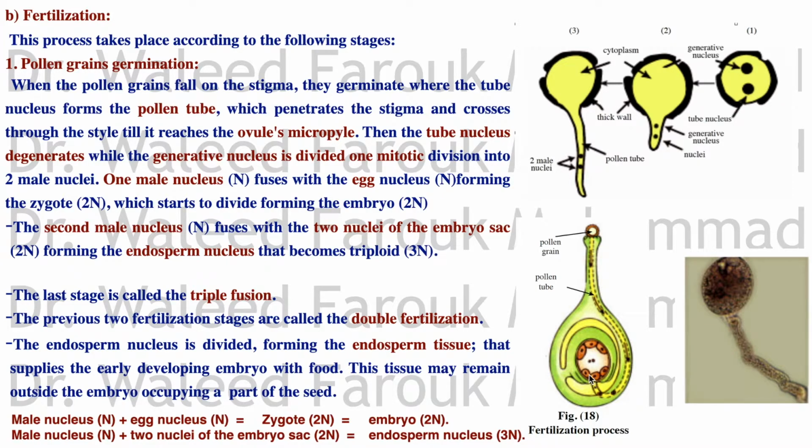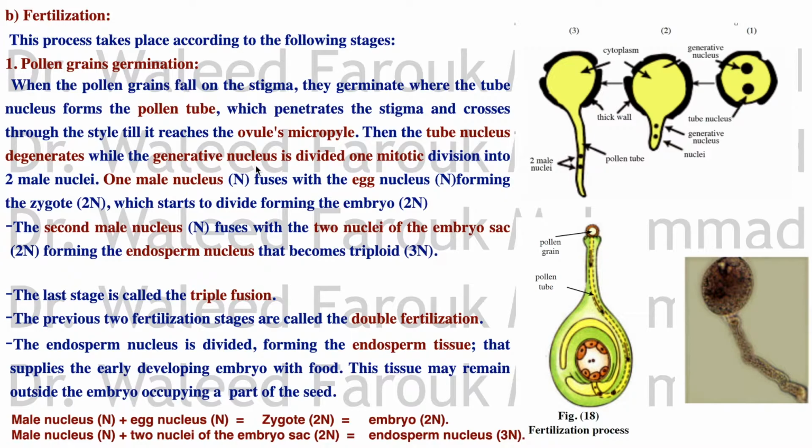Then the tube nucleus after that degenerates because the tube is already formed, while the generative nucleus divides by one mitotic division. Again, pay attention please. After the tube nucleus has done its work, it degenerates. What about the generative nucleus?